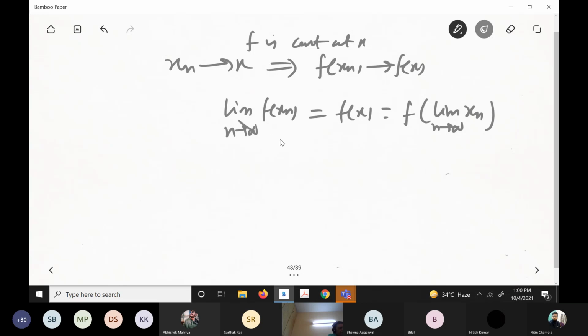Look, this limit is inside. So you have two operations, limit and f. You can interchange limit and f here. So that is the importance of continuity, actually the biggest importance, that you can interchange limit and f. Okay, right.